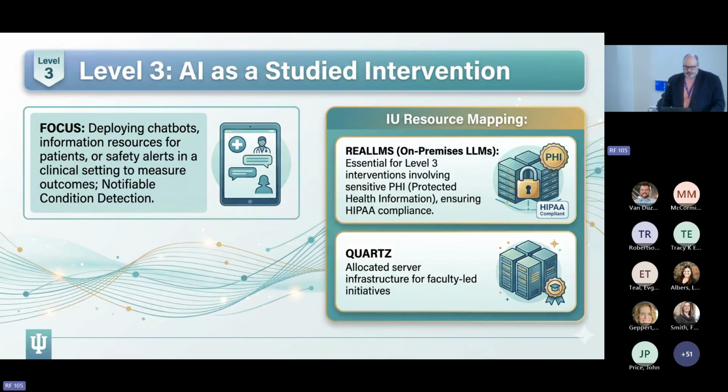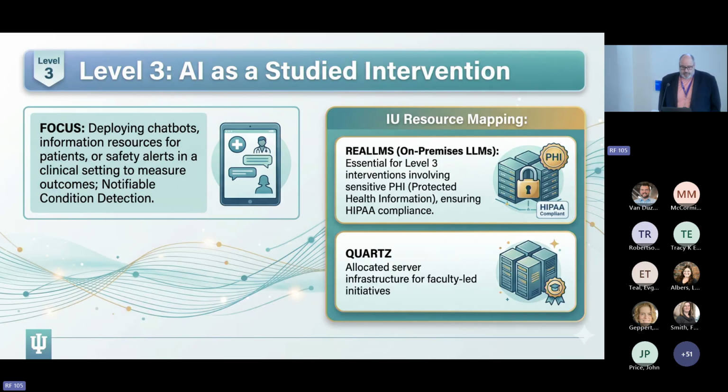So now we're getting to AI as a studied intervention. I know that there are some on the School of Medicine campus who are very interested in studying chatbots and how they might be used to help improve patient knowledge, patient autonomy as an information resource, providing decision support.